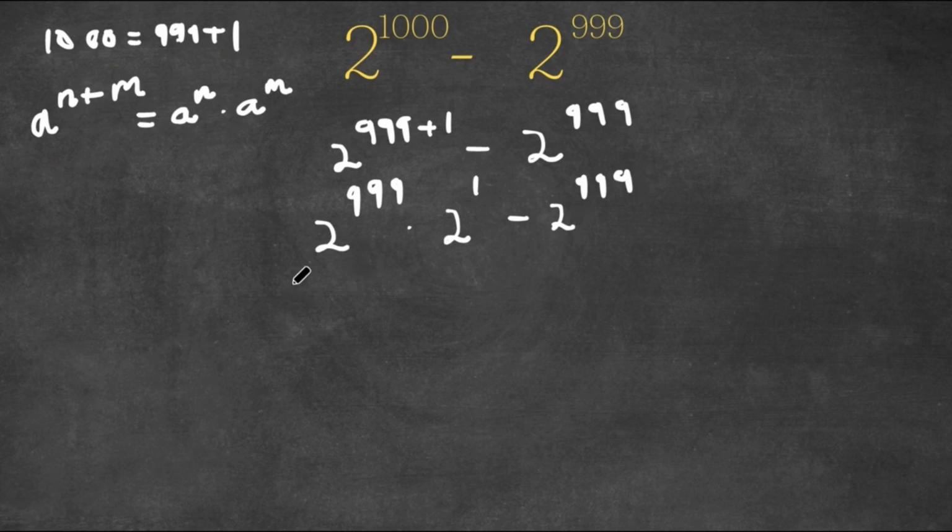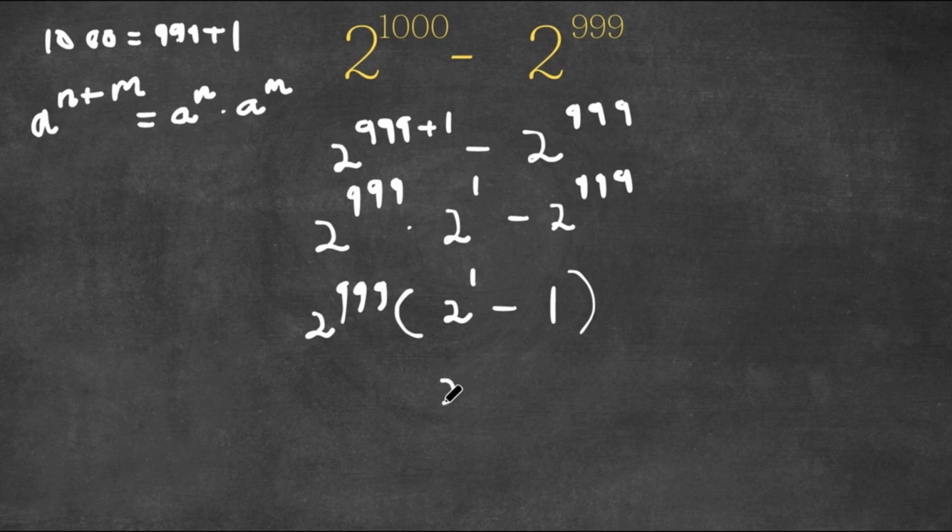And now, because both of these terms have 2 to the power of 999 in them, I'm simply going to factor that out. So if I factor out 2 to the power of 999, I get 2 to the power of 999 times, now 2 to the power of 999 times 2 to the power of 1 divided by 2 to the power of 999, that would just be 2 to the power of 1, minus 2 to the power of 999 divided by 2 to the power of 999 is 1. So now we have 2 to the power of 999 times 2 to the power of 1 minus 1.